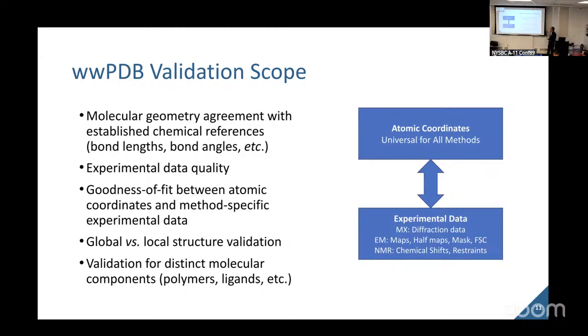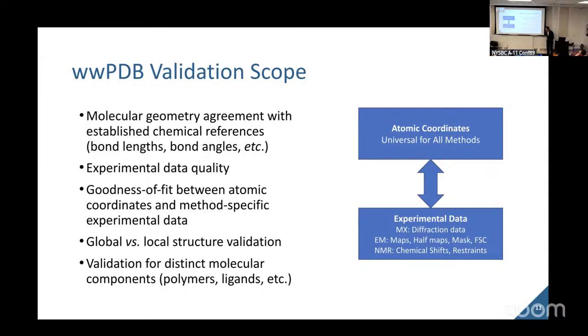So first, the geometry of the molecule is checked against the established chemical reference in terms of bond lengths, bond angles, etc. They also check the experimental data quality itself, for example for diffraction data. And there's a check of the fit between atomic coordinates and the method-specific experimental data. Of course, this will be method-dependent validation.